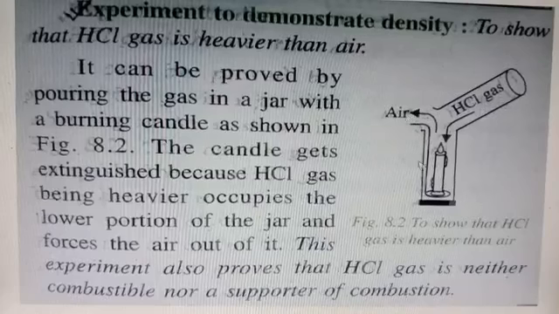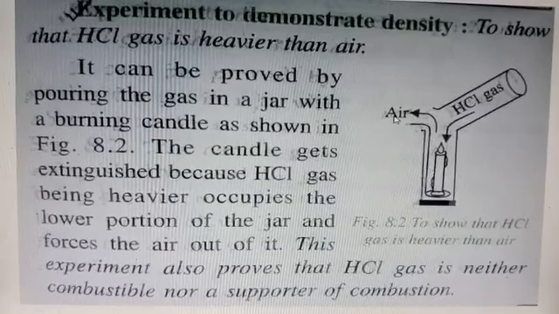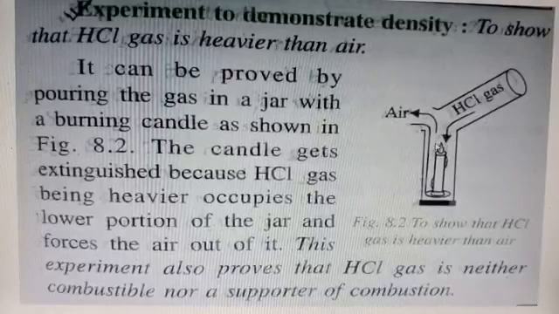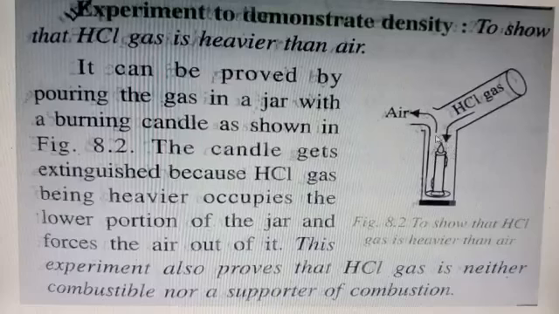Once hydrogen chloride gas occupies the lower portion of the jar, air comes out, and then the supply of oxygen is cut. So once the supply of oxygen is cut, this candle will not continuously burn, it extinguishes, which proves that hydrogen chloride gas is heavier than air.